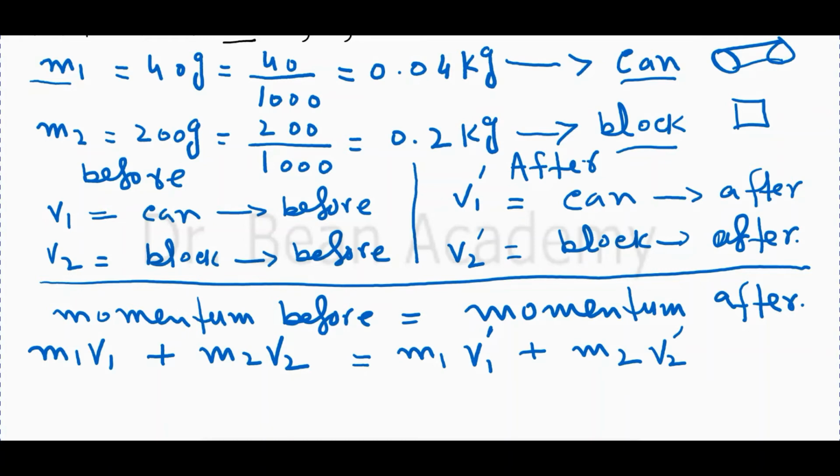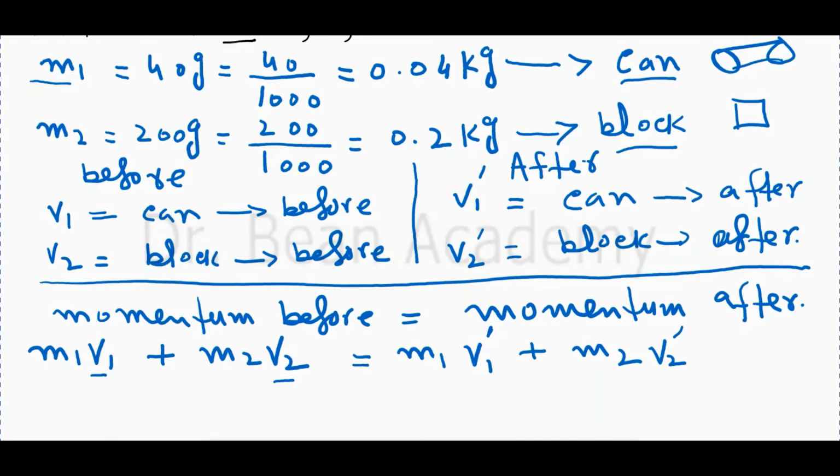If the system is composed of individual components, then we need to write the sum of all the individual momenta of the components. We know that v1 and v2 are the initial velocities, or the velocities before the explosion, and we know that it was at the maximum height, at the top of its path.